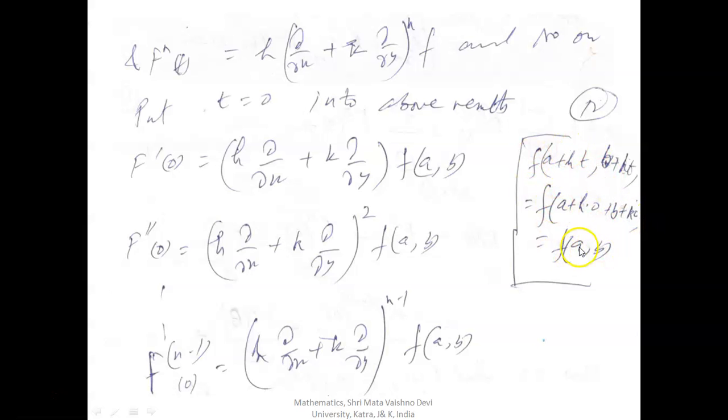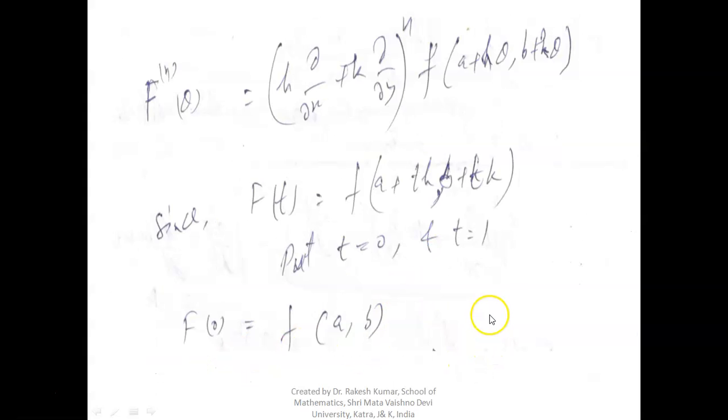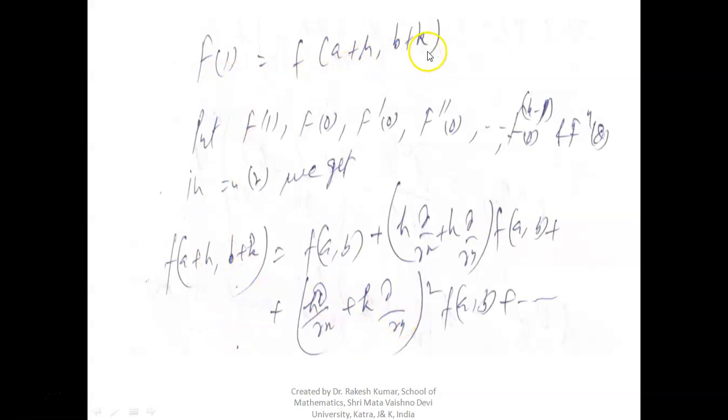So this is how I have shown this. Then F''(0) is this one, and F^(n-1)(0) is this. And now F^(n)(θ) is this term. And since F(t) equals this, putting t equal to 0 and t equal to 1, we get F(0) is f(a,b) and F(1) is this.